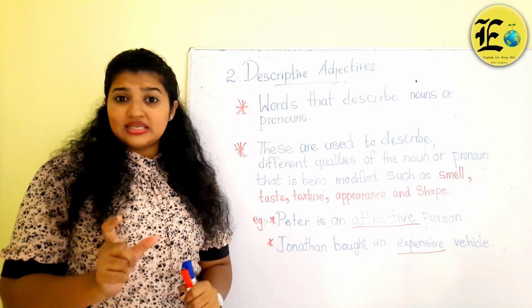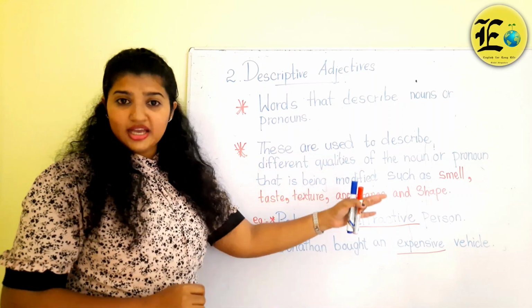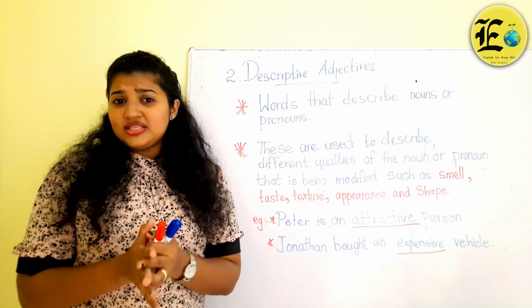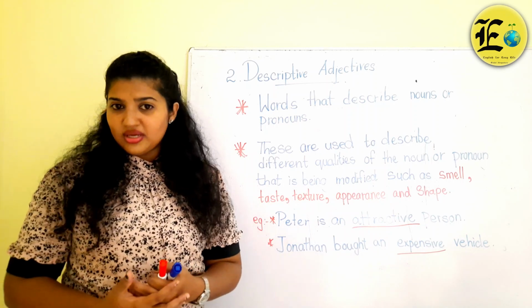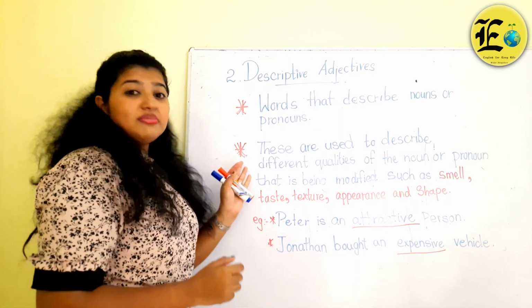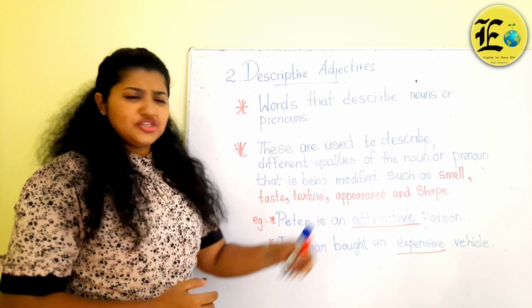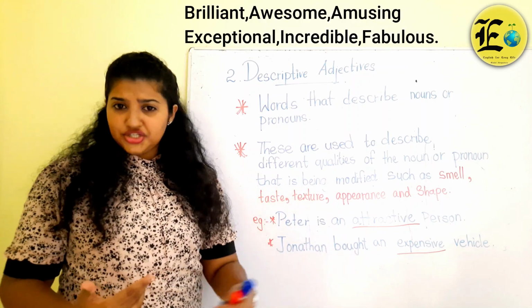But what is a descriptive adjective? These are used to describe different qualities of the noun or a pronoun. So it's not just a normal word that is used to describe a noun or a pronoun, but it is used to describe different qualities of a noun that is being modified, such as the smell, taste, texture, appearance and shape.